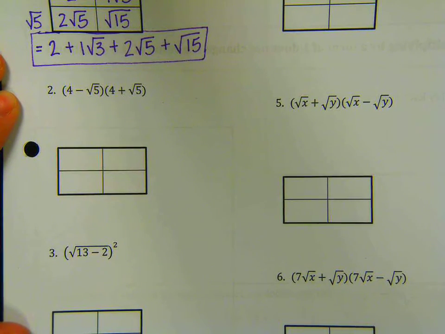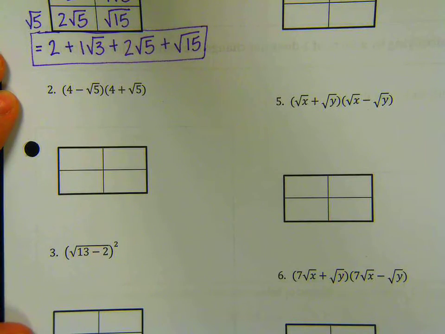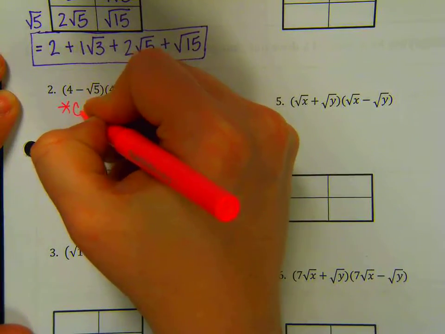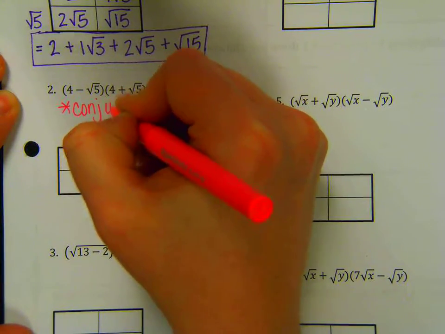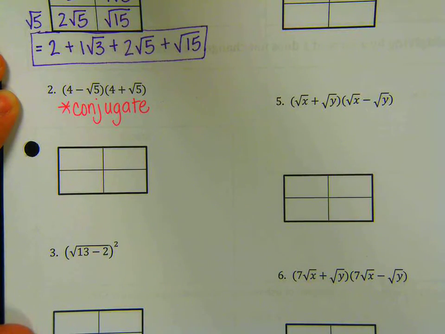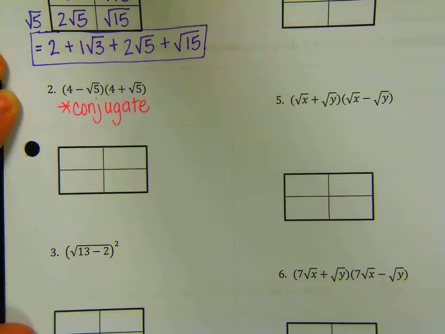And before you even do this problem, what do you know? So one of them is negative and the other one is positive, but they're the same numbers. And this is something called a conjugate. We're using that term again when we start talking imaginary numbers, which is coming up within the next 2 sections.